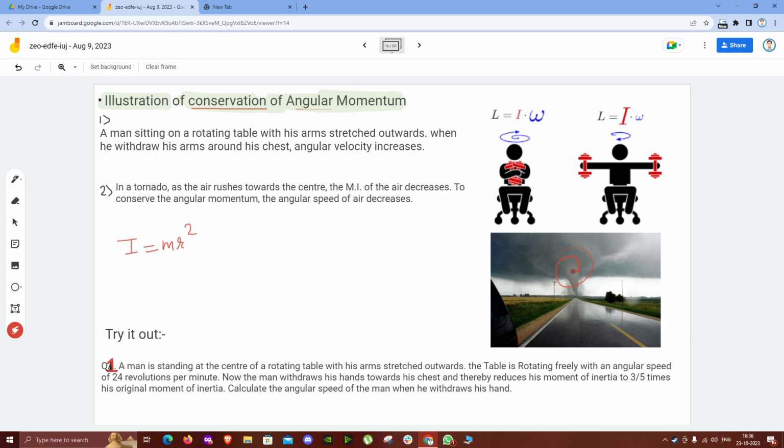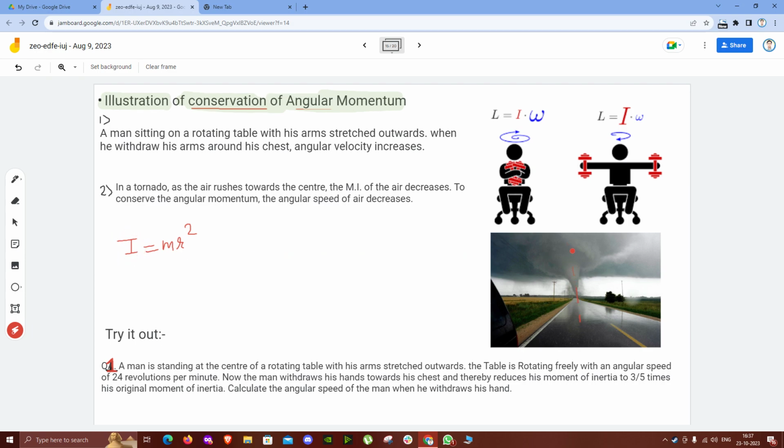Moment of inertia decreases because the value of r from the axis of rotation is decreasing. So r is decreasing, so I overall will be decreasing.